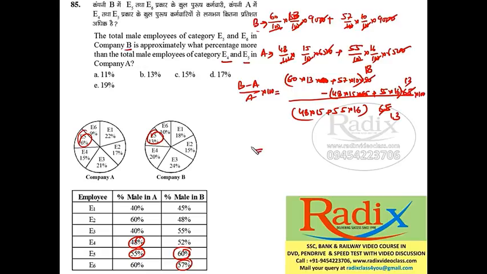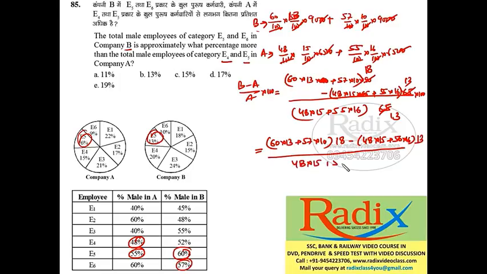So this value is 60 into 13 plus 57 into 10, 18 minus 48 into 15 plus 56 into 16 into 13 upon 48 into 15 plus 55 into 16 into 13. Now either we multiply all this value or we can simplify this by 2 also.